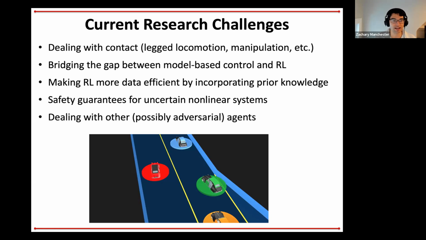Another one, and we'll talk more about this, is bridging the gap between model-based control, the more classical stuff, and reinforcement learning ideas. And very related to that, making RL more data efficient by incorporating prior knowledge, AKA incorporating more model-based control.